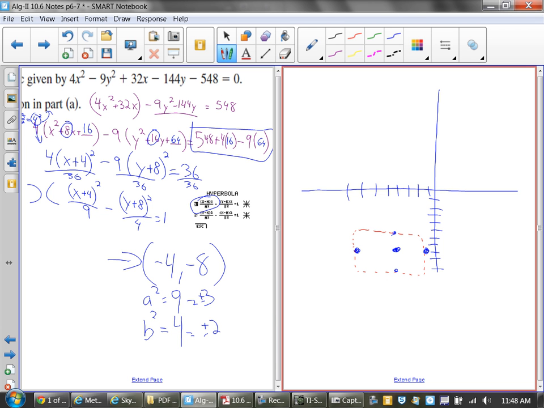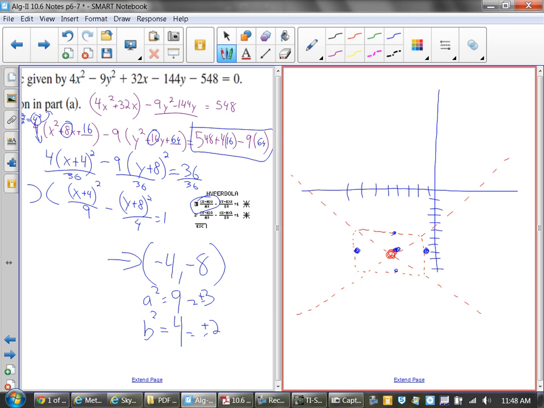What does every hyperbola have? It's got horizontal asymptotes. Or slant asymptotes. You're right. Yeah, slant asymptotes. Sorry about that. And then it's a matter of figuring out your, plotting out your focus.